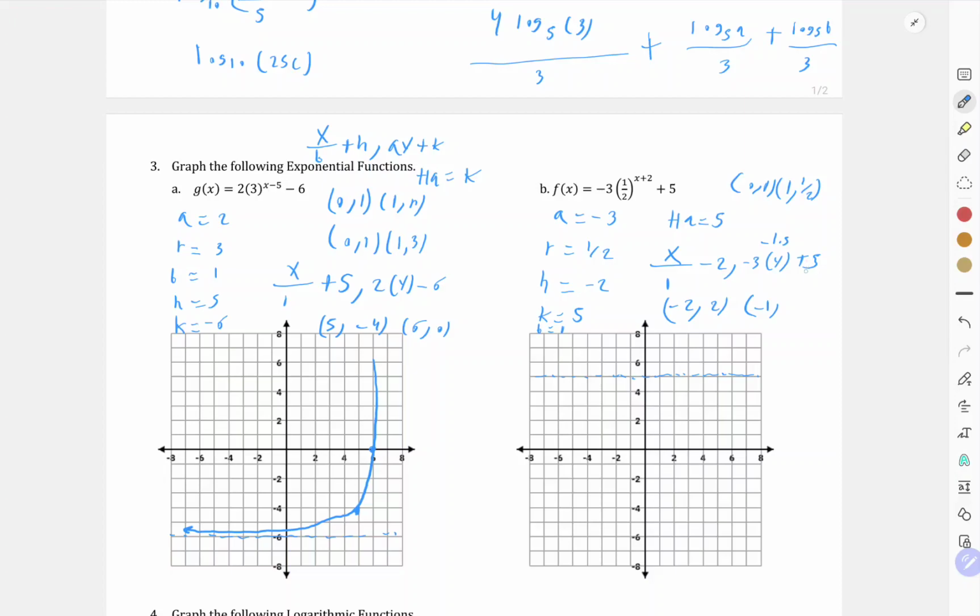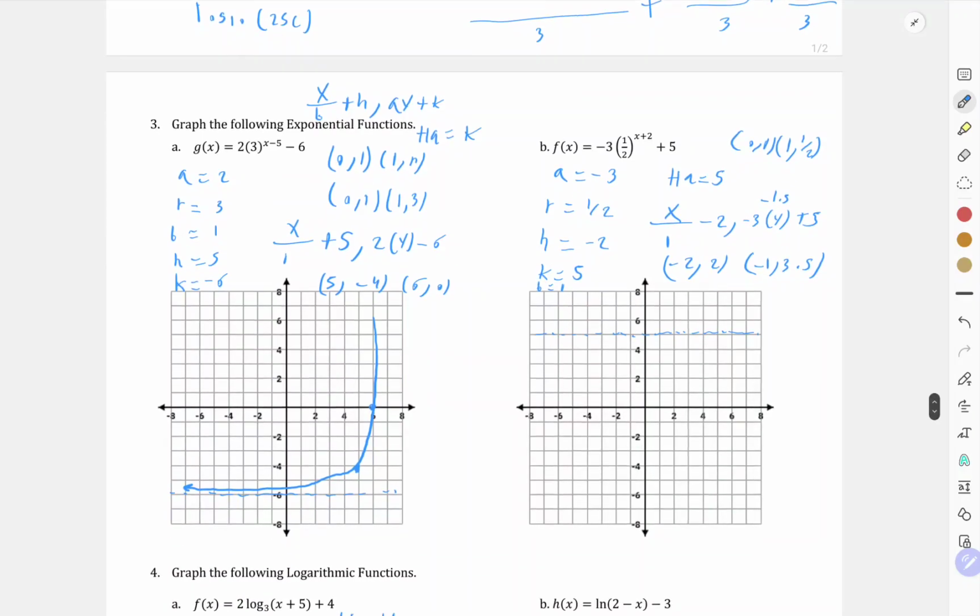If you subtract that, it's just 3.5. Yeah, 3.5. Alright, now you have to graph it. So negative 2, as we actually negative 2. So negative 2 and 2.